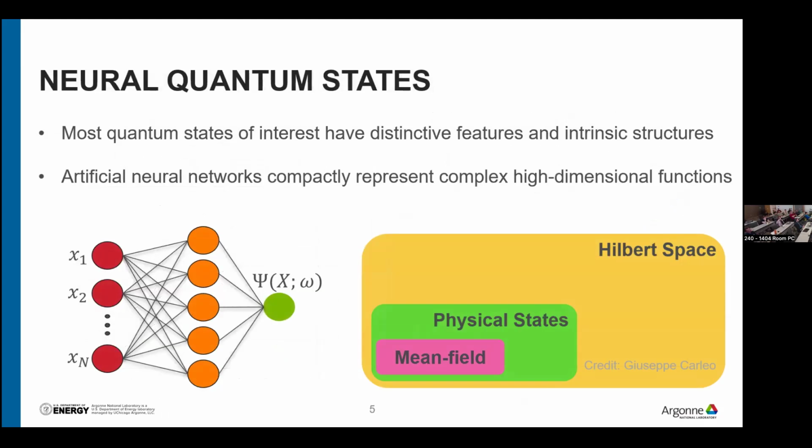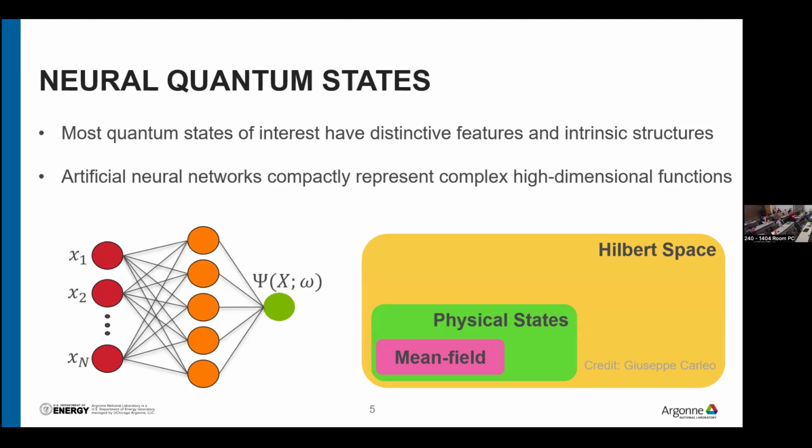This is where neural quantum states comes in, trying to reduce the dimensionality that we actually need to look at. The full Hilbert space of these problems of interest for nuclear systems is going to be exponentially large due to spin-dependent correlations. At the same time, the physical states of interest are actually some small subset of this.